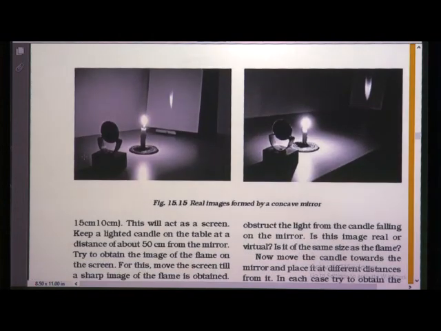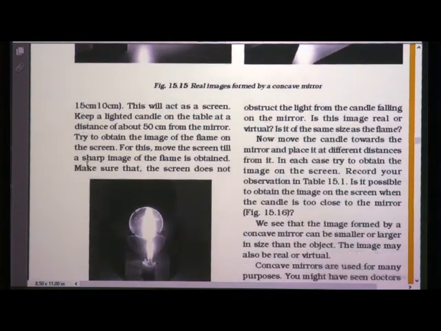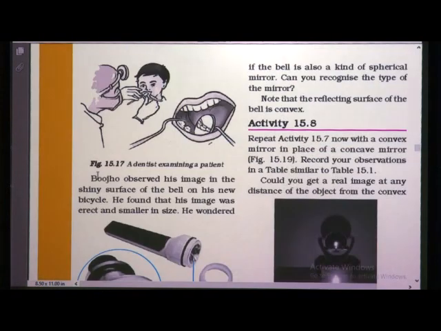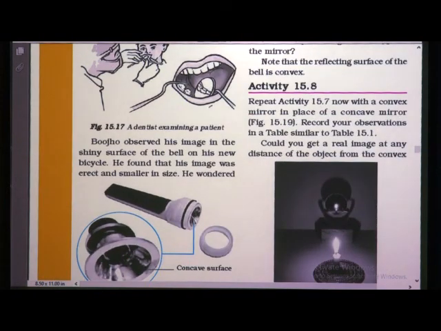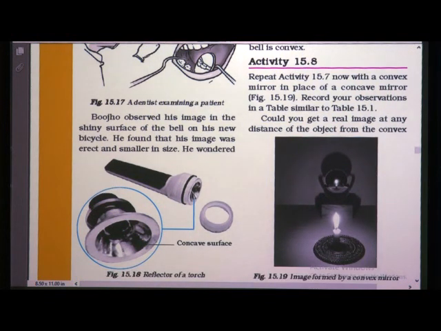And now we will see the convex mirror. Repeat this activity with the convex mirror in place of the concave mirror. So what you have to do is repeat the activity which we did for the concave mirror, but take a convex mirror instead.